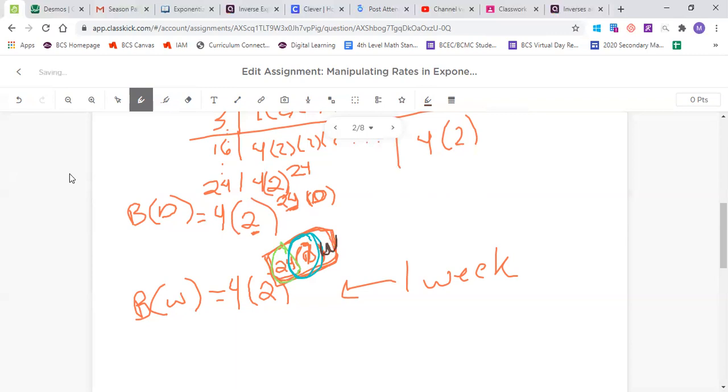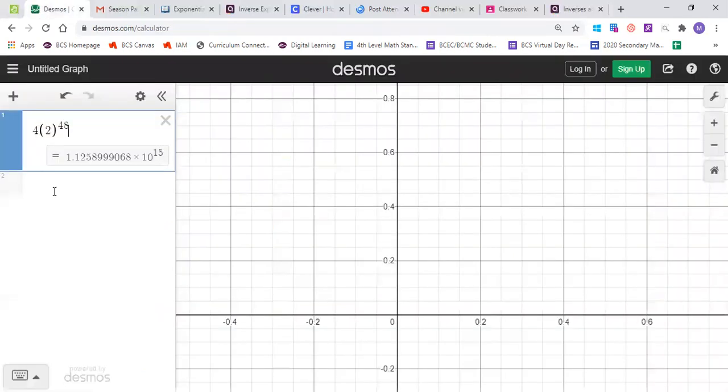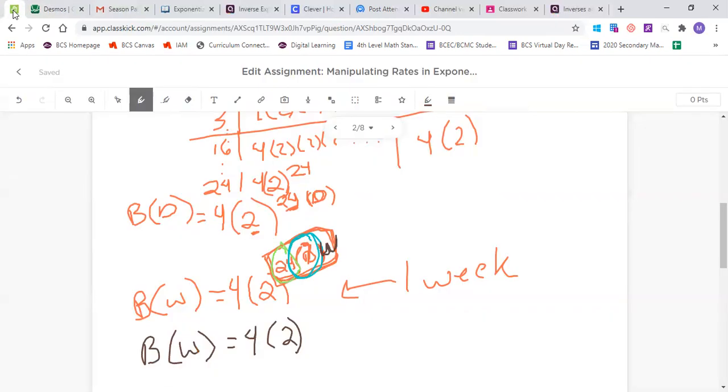So when I write my equation, B of weeks, I can say 4 times 2 to the power of 24 times 7 times the number of weeks. Let's throw that in Desmos: 24 times 7 is 168. There are 168 hours per week.